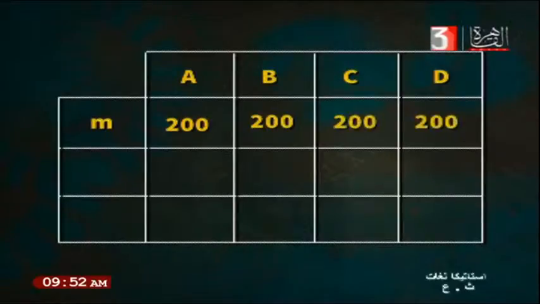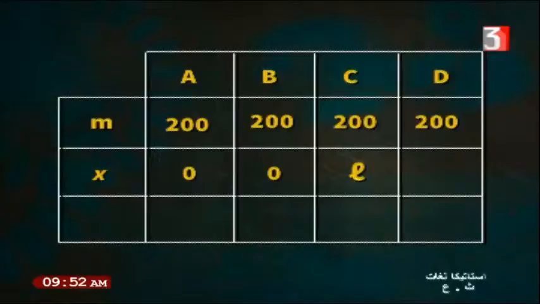Look at the first row: vertices A, B, C, and D. The second row represents mass: 200 at A, 200 at B also, C 200, D 200. X coordinates: 0, 0, L, L. We suppose the side length of the square is L.